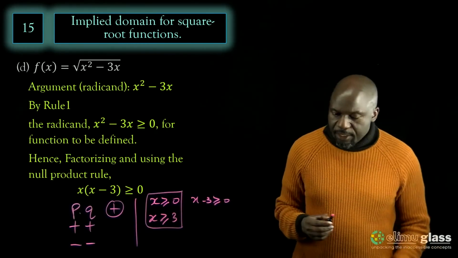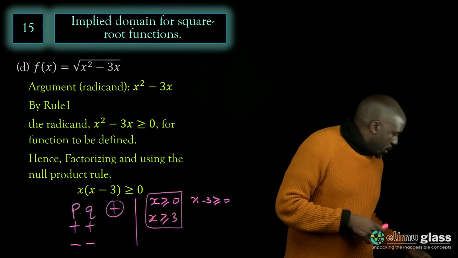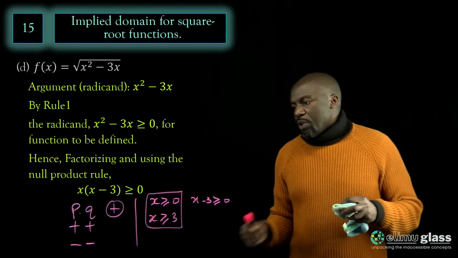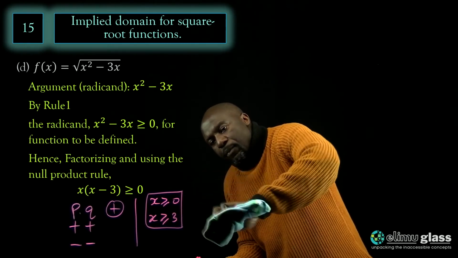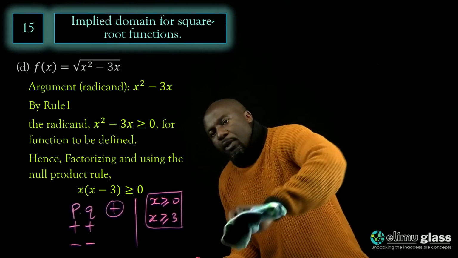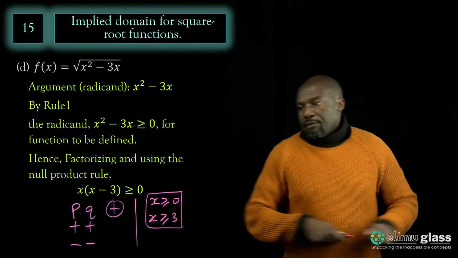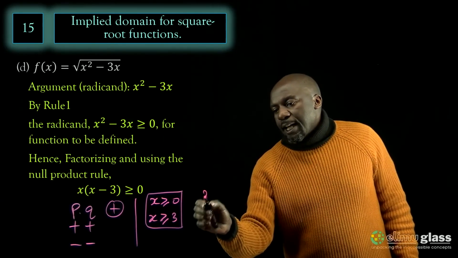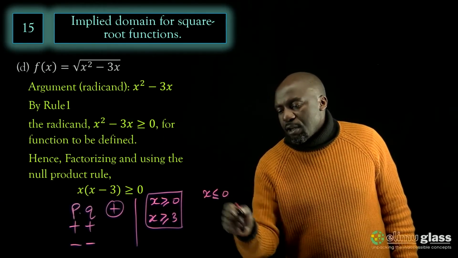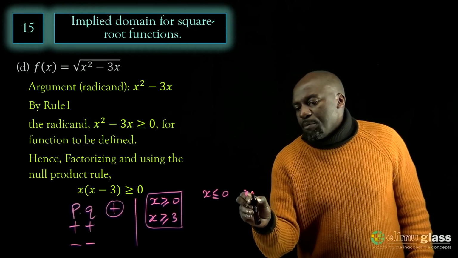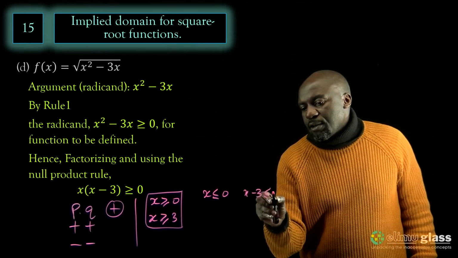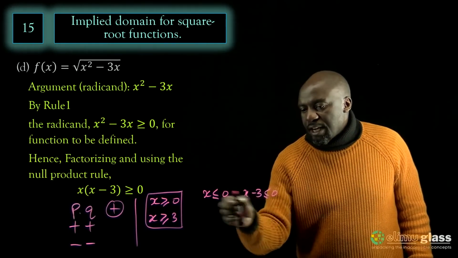Alternatively, the two numbers being multiplied are both negative. If that's the case, then we are saying x is less than or equal to 0, and x minus 3 is also less than or equal to 0, because both are negative.